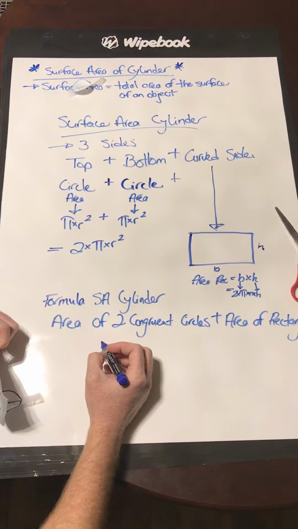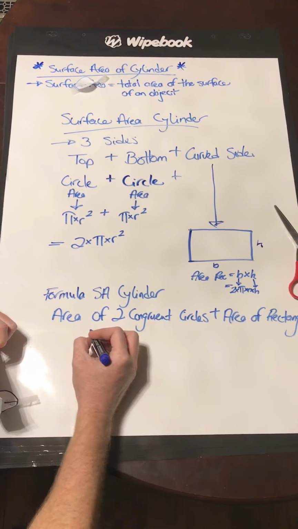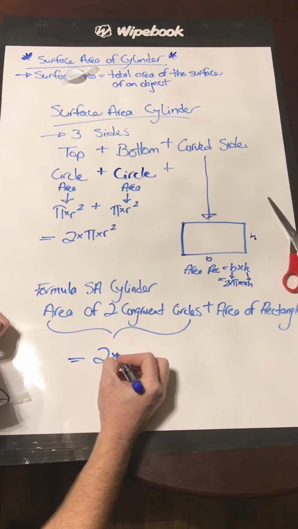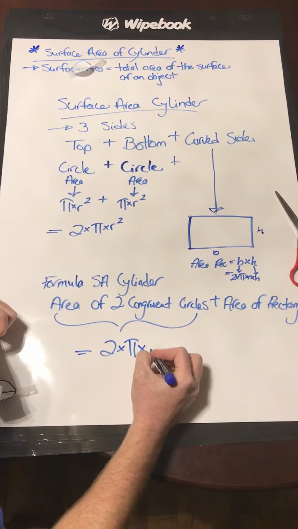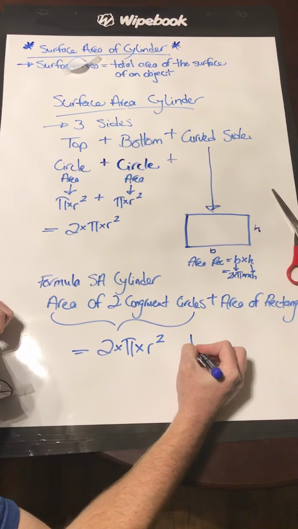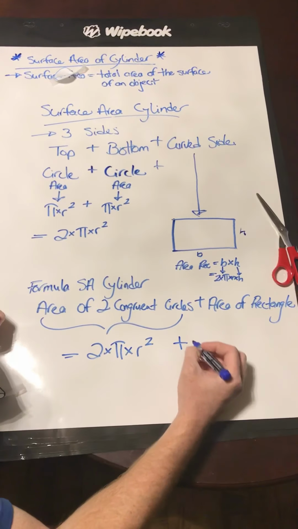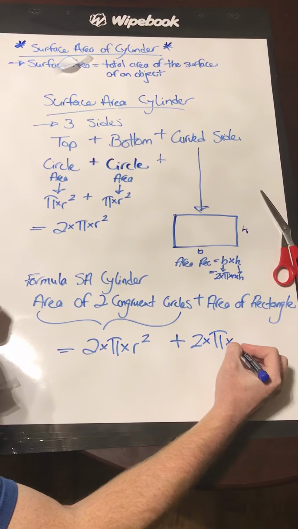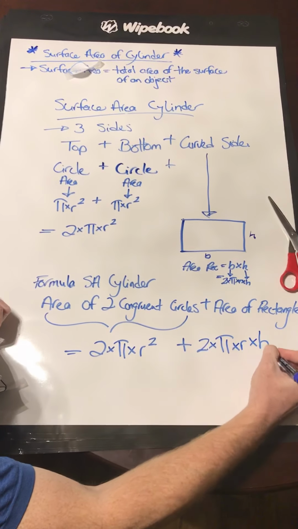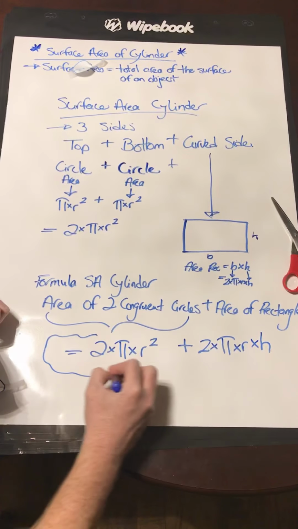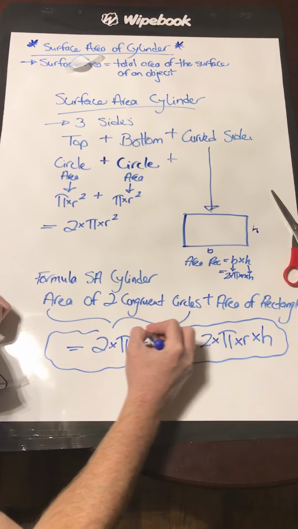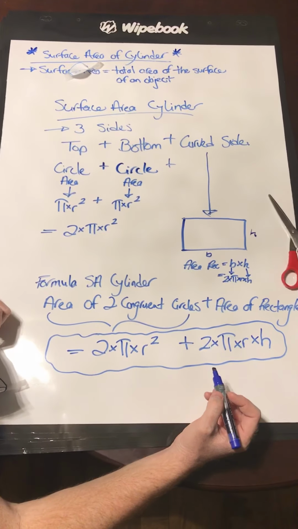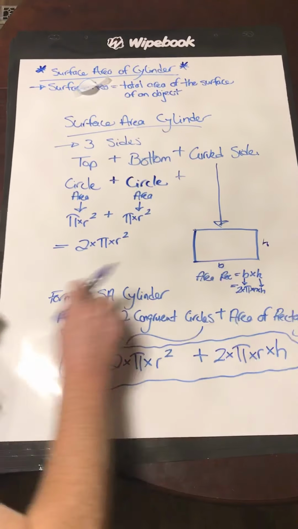And the area of the two congruent circles is 2 times pi times r squared. And then we add the area of the rectangle, which is 2 times pi times r times h. And that is the formula for the surface area of a cylinder. Now, let's put this into practice.